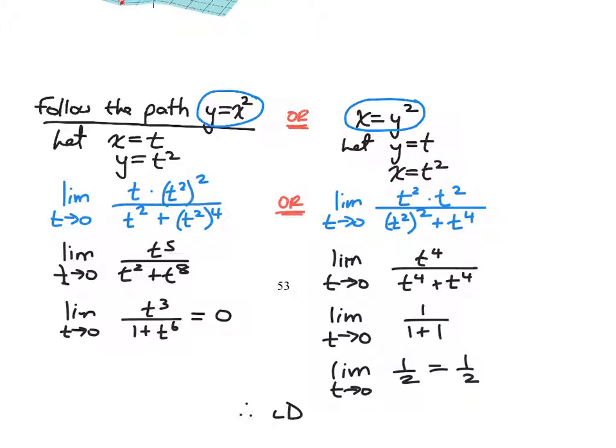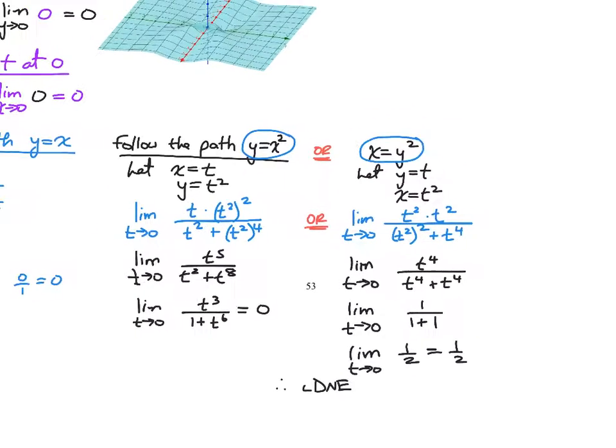Therefore, the limit does not exist because at long last, we finally got a limit that's not the same as all the other limits. Because we kept getting the 0, but we needed something other than 0.